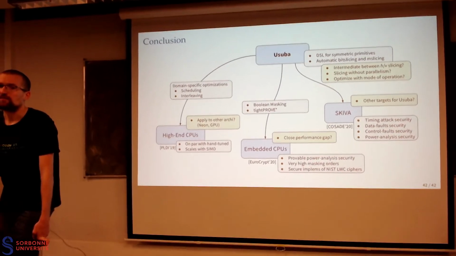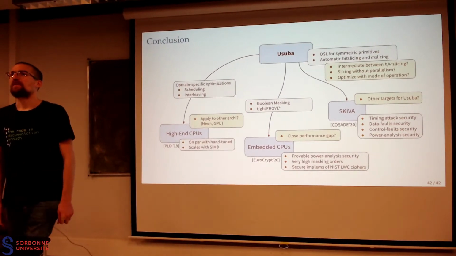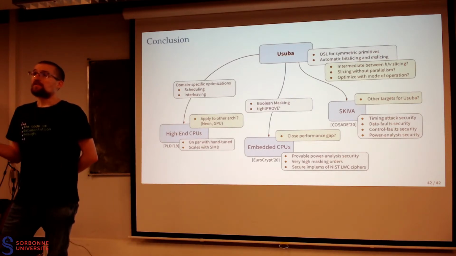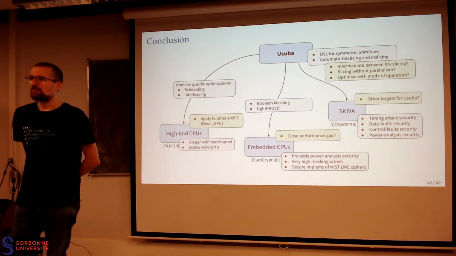So if we want to think about generating code for ARM devices and generating assembly, I think that's a good starting point, since they already did some of the preliminary work.